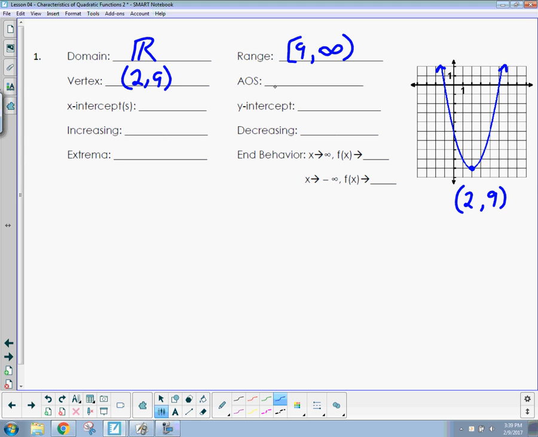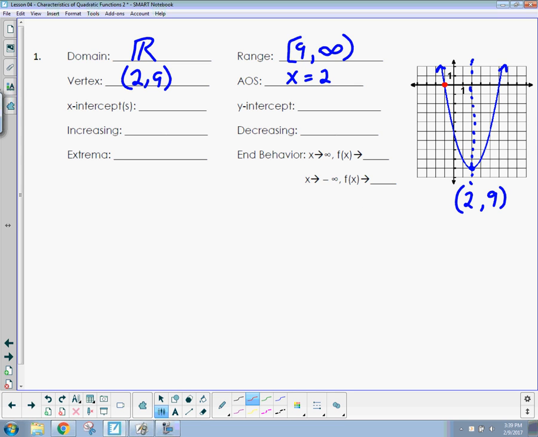Axis of symmetry would be x, and we pull out the x from the vertex, so x equals 2, and that'll go right down the middle if you wanted to graph it. All right, x-intercepts, where it crosses the x-axis. I'll make those red so you can see them.